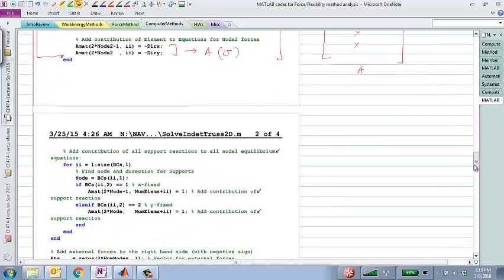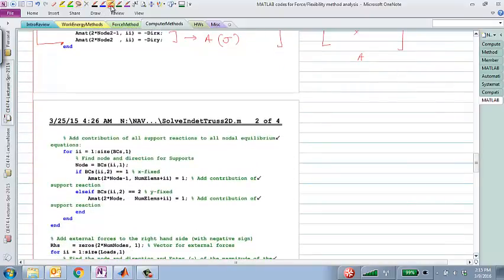Once we have done that, we need to add columns to A due to reaction forces.